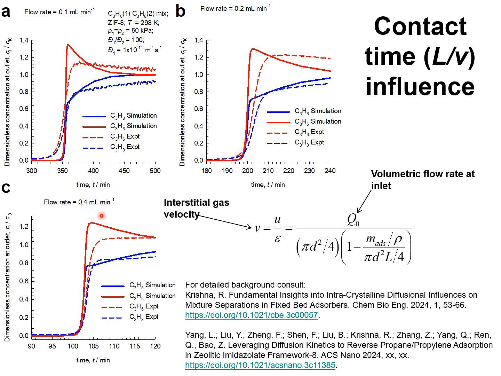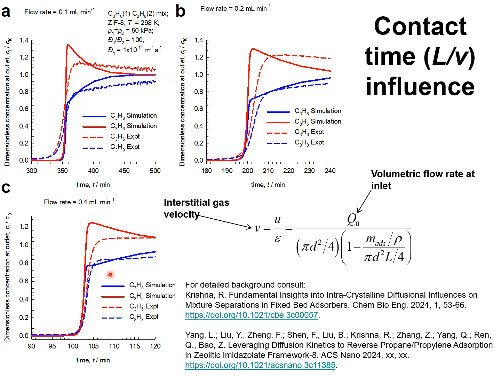In all these three cases, the particle diameter of ZIF-8 in the packed tube is held constant at 9 micrometers, and the flow rates are varied from 0.1 milliliters per minute, 0.2 milliliters per minute, and 0.4 milliliters per minute.